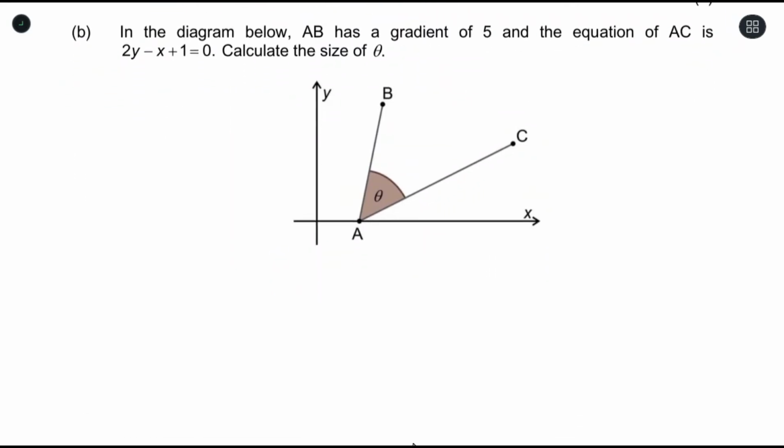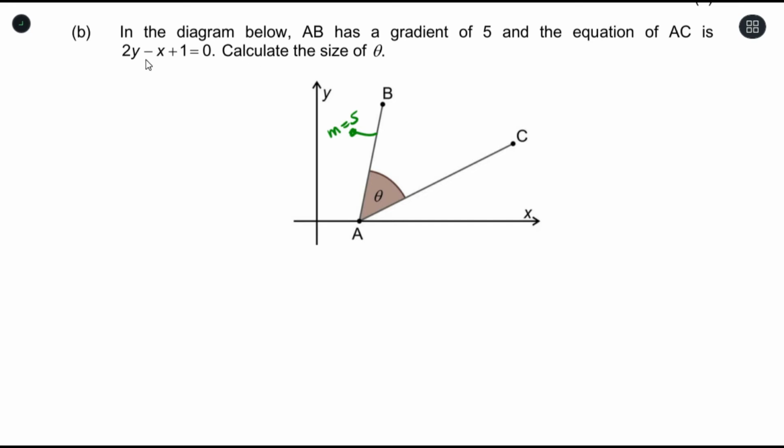So for question B, it says in the diagram below, AB has a gradient of 5. Okay, so let us fit in what we're given. We're told here that the gradient of this line over here is equals to 5. Now they also tell us here that the equation of AC is 2y minus x plus 1 is equals to 0.